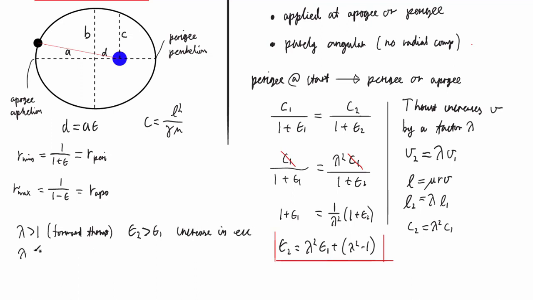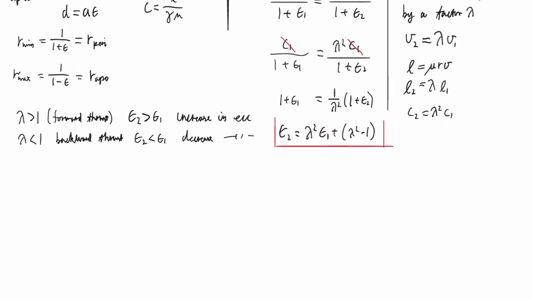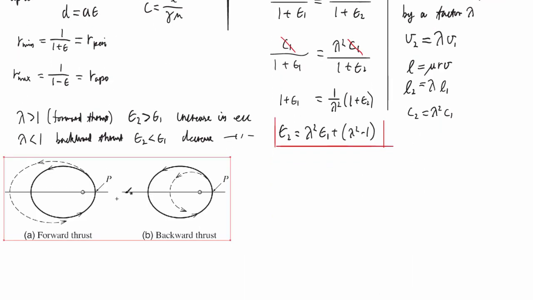Similarly, if lambda is less than 1, that is a backward thrust, then epsilon 2 is less than epsilon 1. So that's a decrease in eccentricity. Just like this figure showed. Right? Forward thrust, more eccentricity. Backwards thrust, less eccentricity.